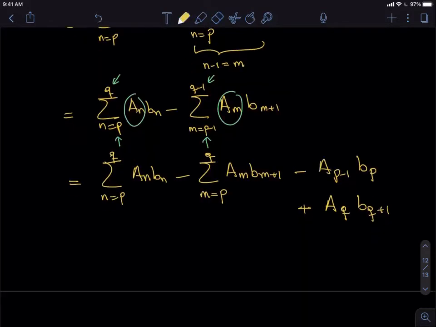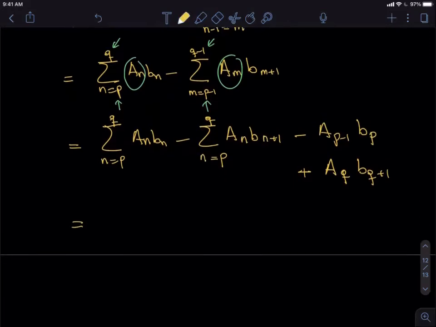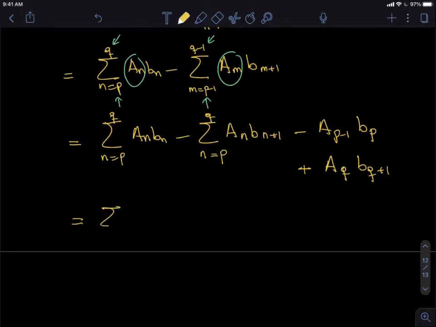And I think we got all the ingredients. Here now, because the index doesn't matter, I'm going to call it n instead of m. And we can factor things out. So A_n times (b_n minus b_{n+1}), minus A_{p-1} b_p, plus A_q b_{q+1}.